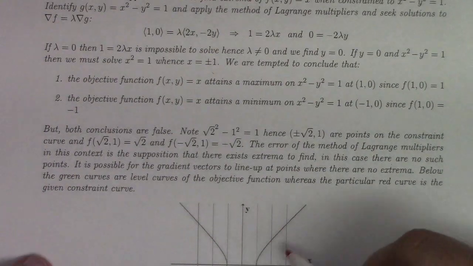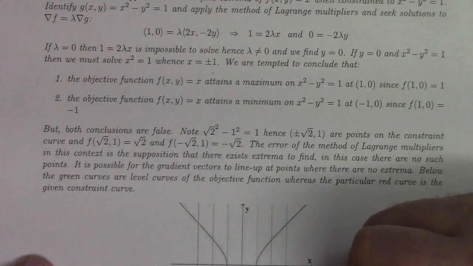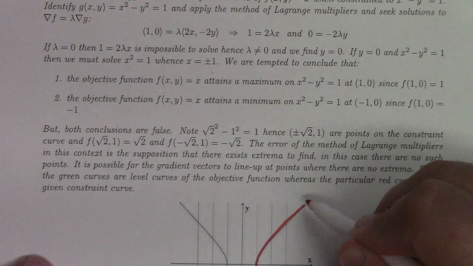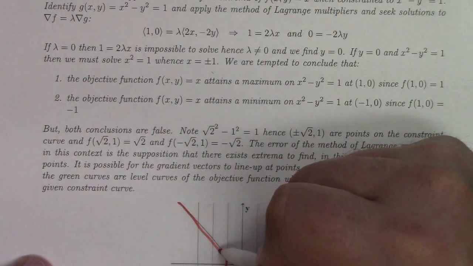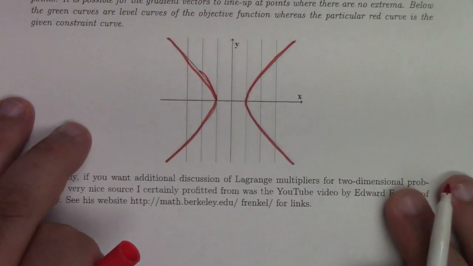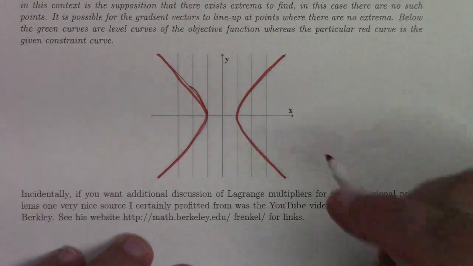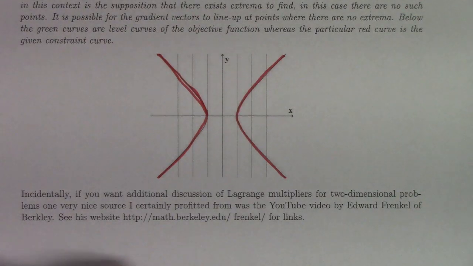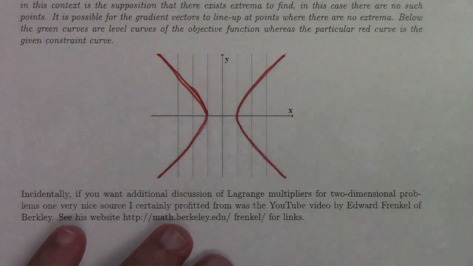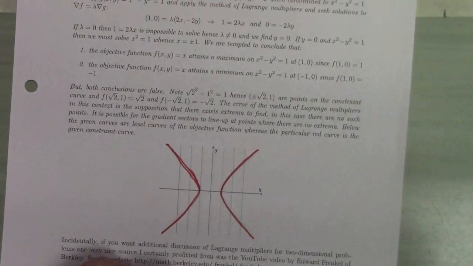And the constraint curve is this hyperbola, right? And what the method of Lagrange multipliers does is it does find for you where the gradient of the red curve matches the gradient of the green.